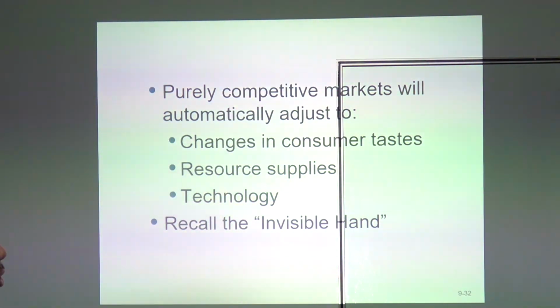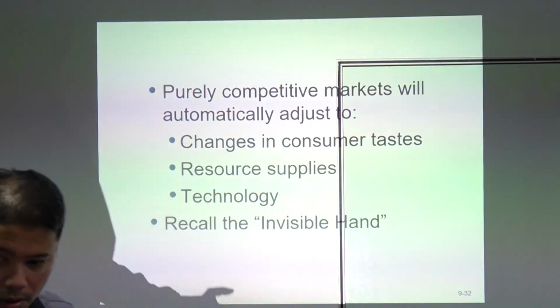Pure competition is very dynamic. Purely competitive firms will always adjust to changes in the price, consumer taste, and other factors. Remember that there are so many sellers in the market. If they don't respond to the needs of the consumers in the market, they will not be able to stay long.